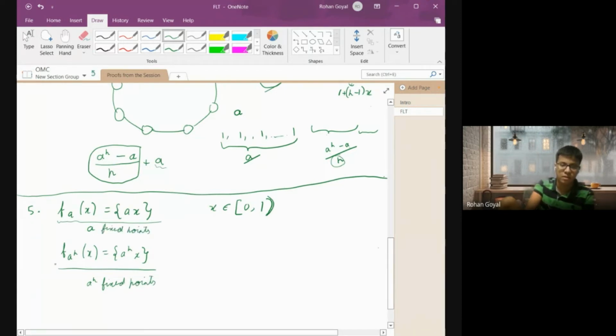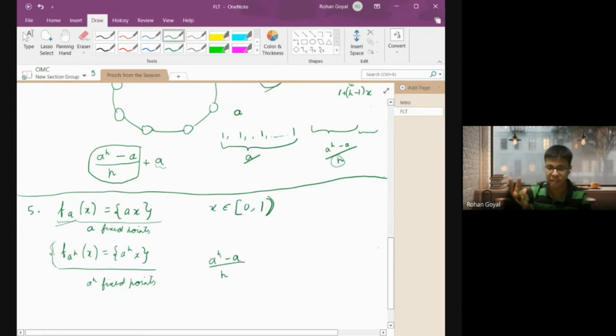So the fixed points of this: if you do f_a on them instead of f_a^p, you get cycles of length p for a^p minus a things, and cycles of length 1 for a things. So again, in the same way, you'll get (a^p minus a) divided by p.